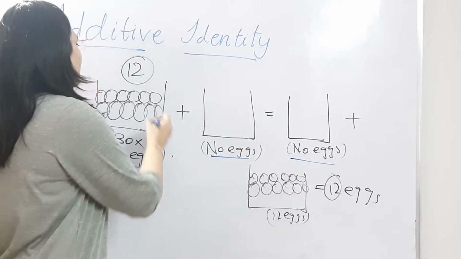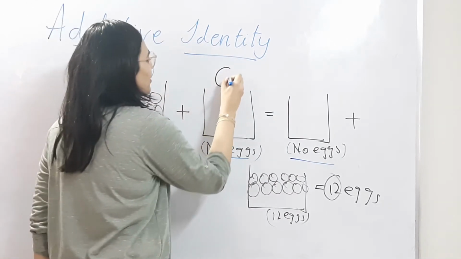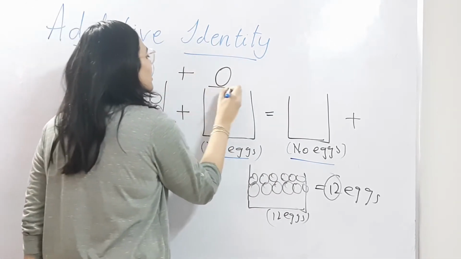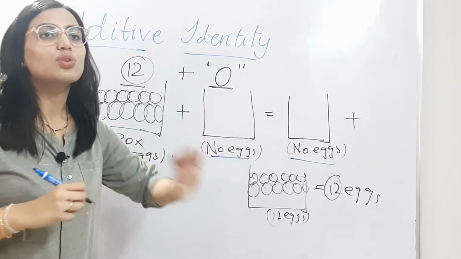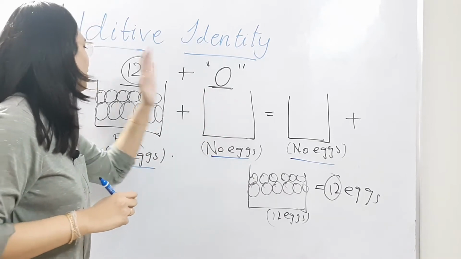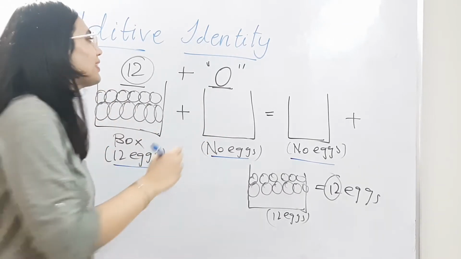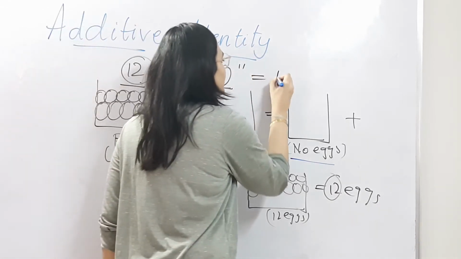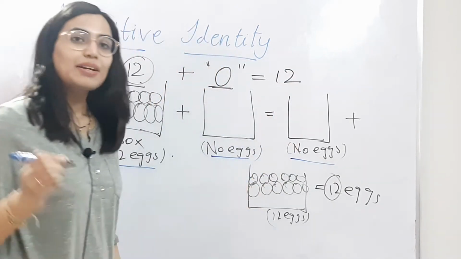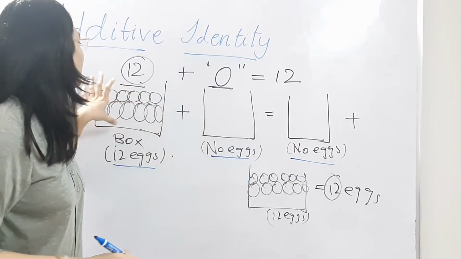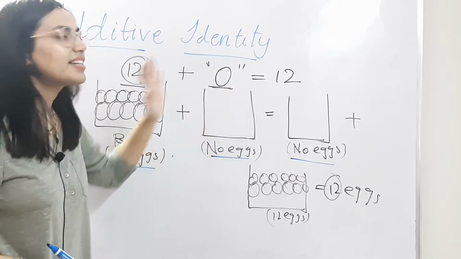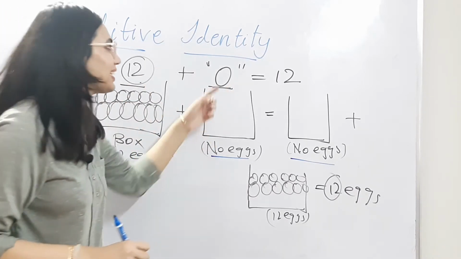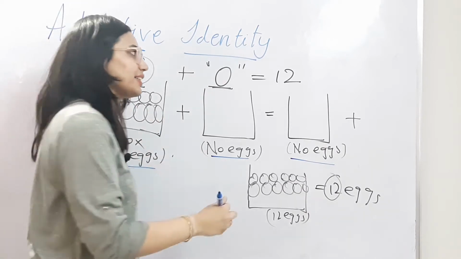That means we are adding 12 here and we are adding 0 here. 0 is nothing but there is no egg in this container and we are not adding any egg. The value in this first case is 12 itself, because the total number of eggs does not change when we add 0. This is the additive identity.